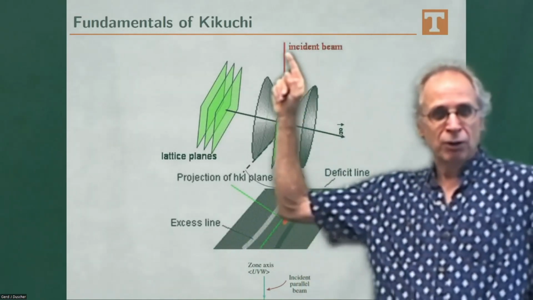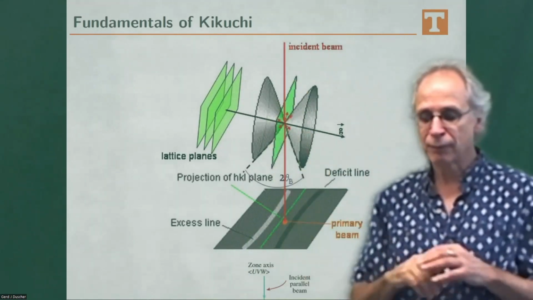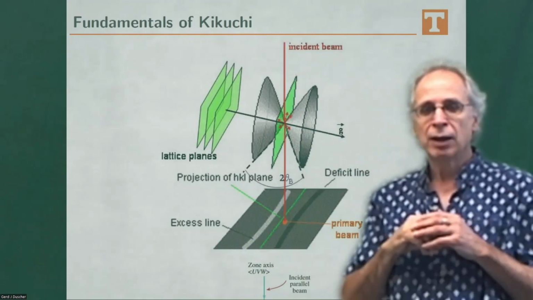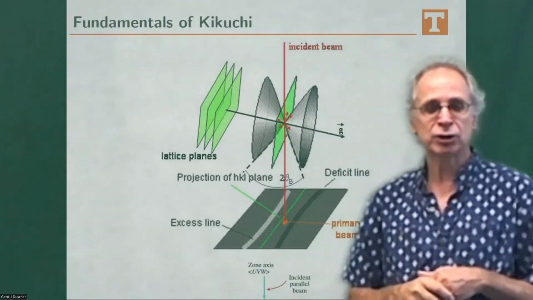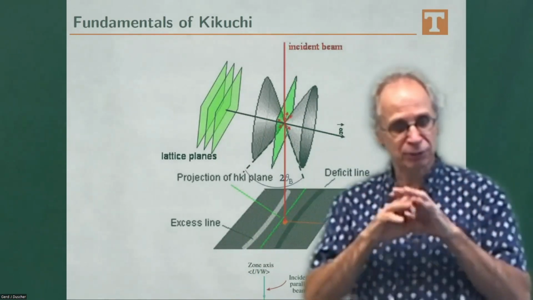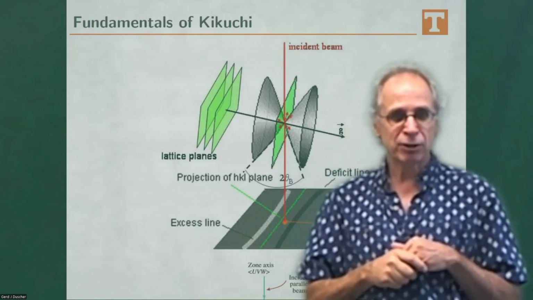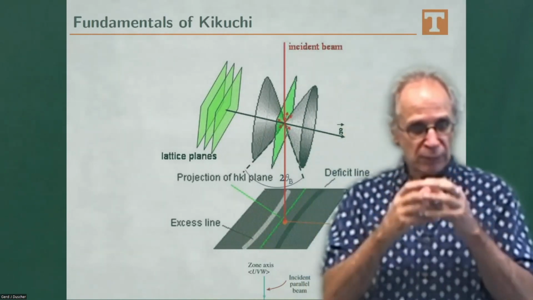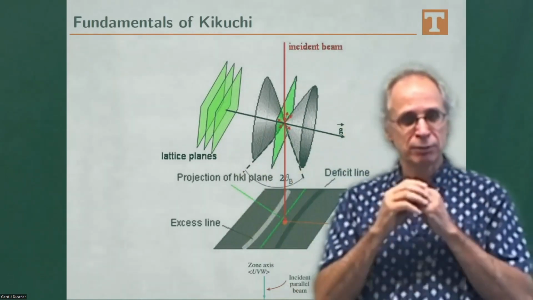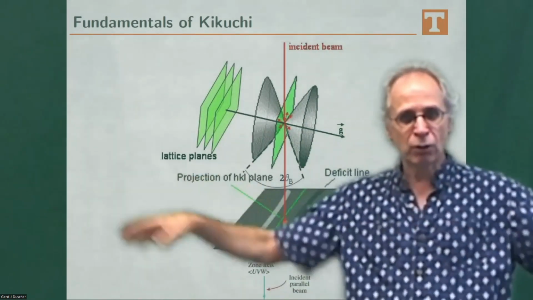So you come in and here is your sample, with our normal Bragg reflection. We're not talking about that at all right now, so forget any of these Bragg spots. We also have inelastic scattering on phonons and other inelastic things, and they go in all directions.